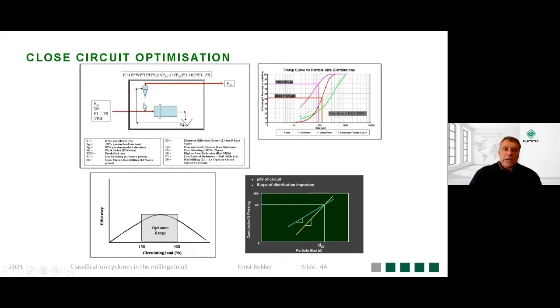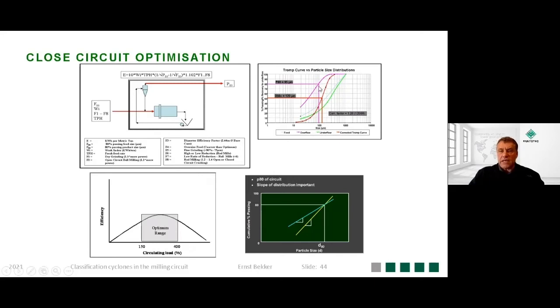Moving then to circuit optimization, closed circuit optimization. We know now that in the mill circuit, there are some factors that are incorporated to select the mill, and the cyclone and mill should be seen preferentially as a black box. We know that the circulating load needs to be optimum. There's an optimum value for circulating load.